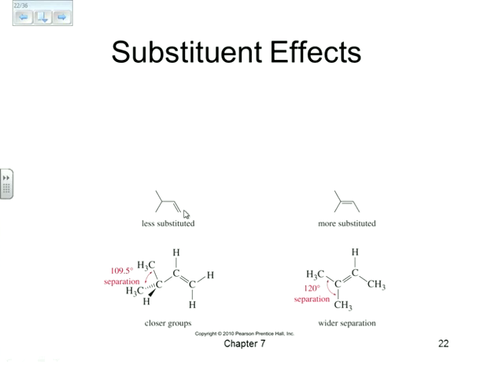How many branches coming off this double bond? Just the 1 right here. And over here? 1, 2, 3. When it had 3 branches, it's more stable because all of these single bonds are now separated by 120 degrees. Anyway, long story short, the more branches off the double bond, the more stable that double bond.